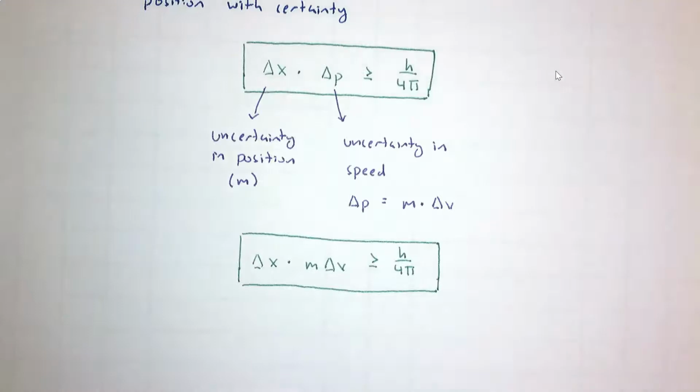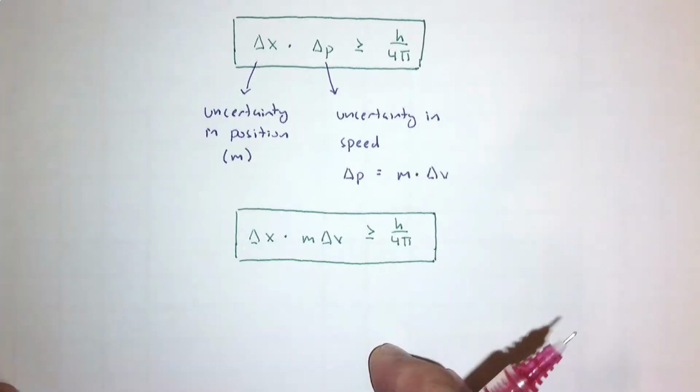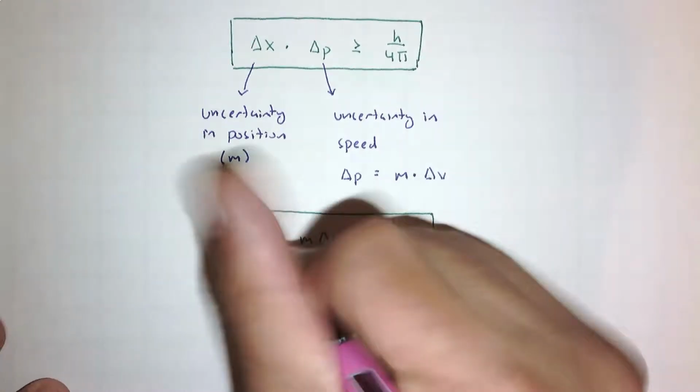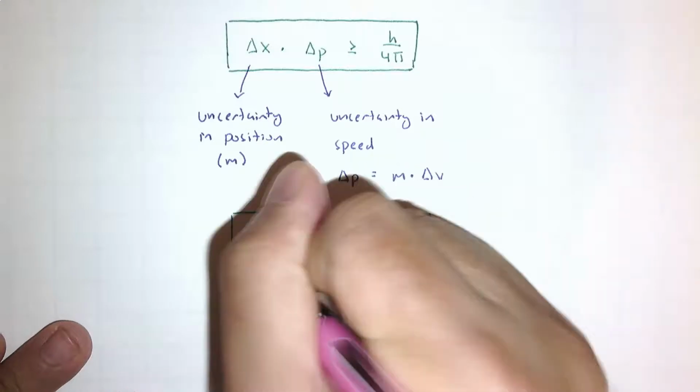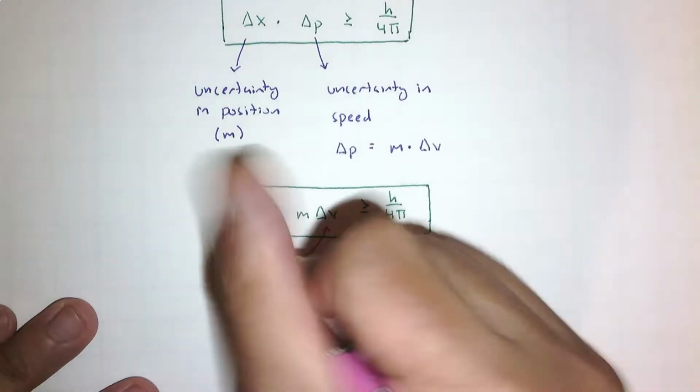All right, so how are we supposed to think about this equation from Heisenberg? First of all, these two uncertainties are inversely proportional.